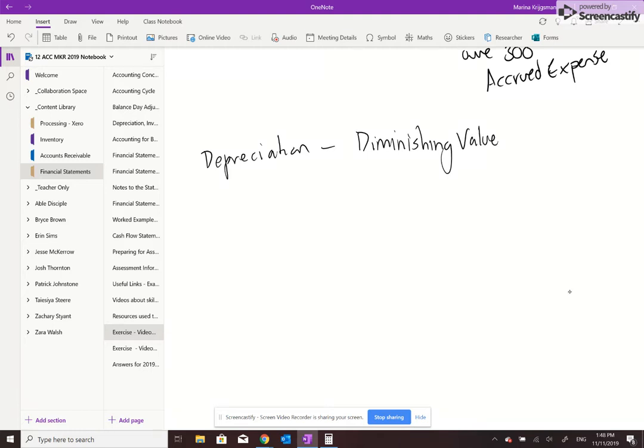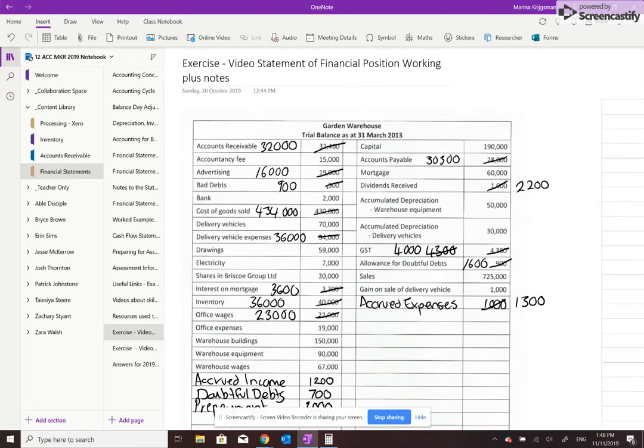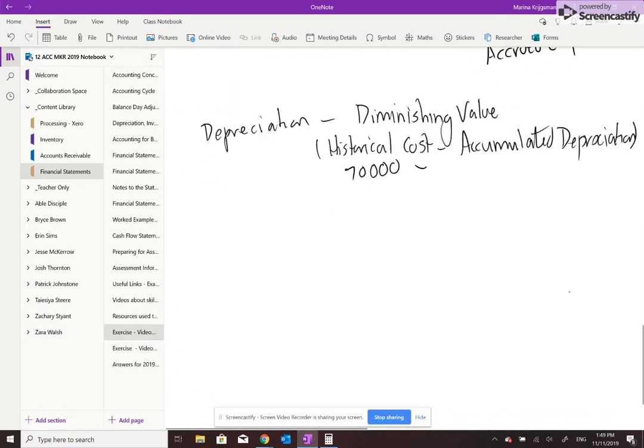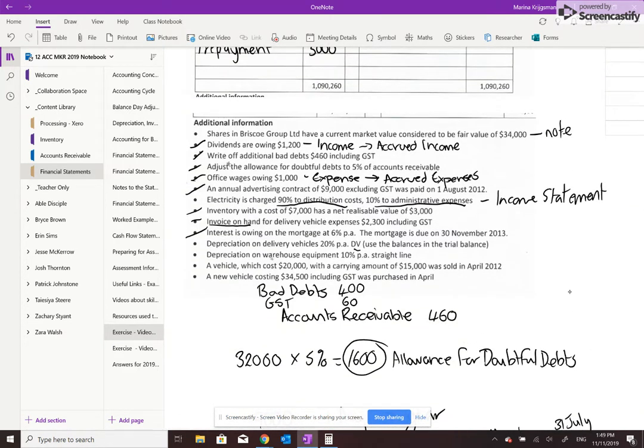Okay, so that is historical cost minus accumulated depreciation. So that's going to be 70,000 minus accumulated depreciation of 30,000. And then we're going to multiply that by our diminishing value rate, which is 20%.